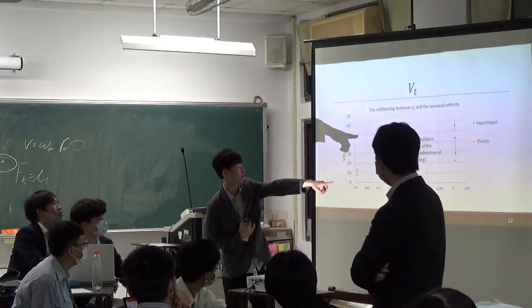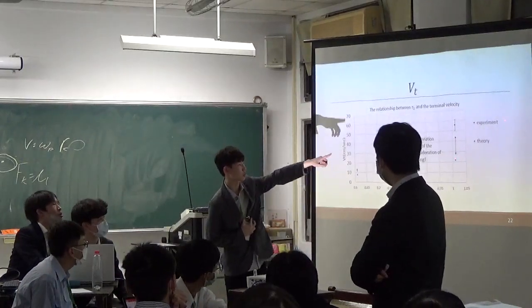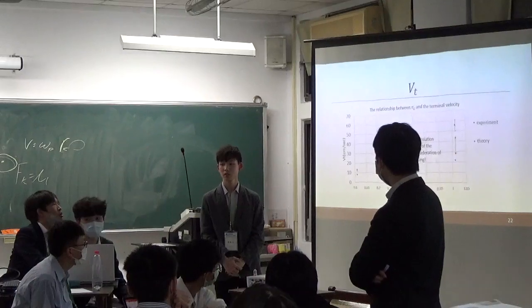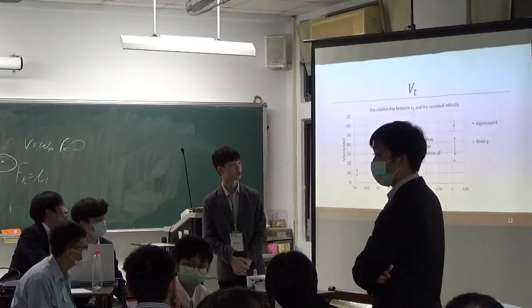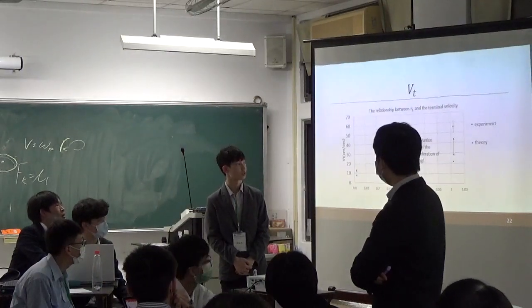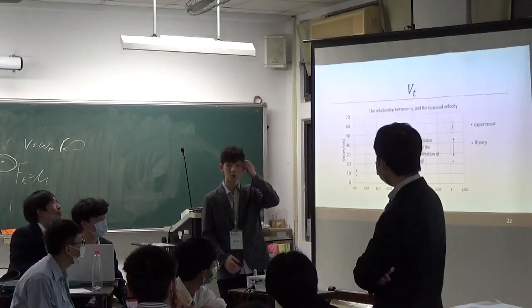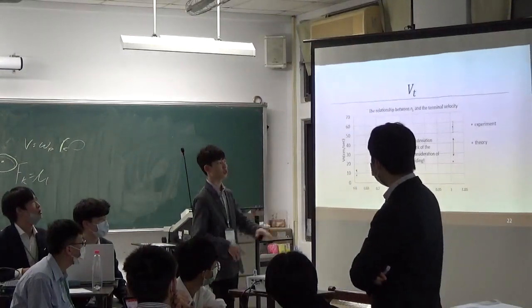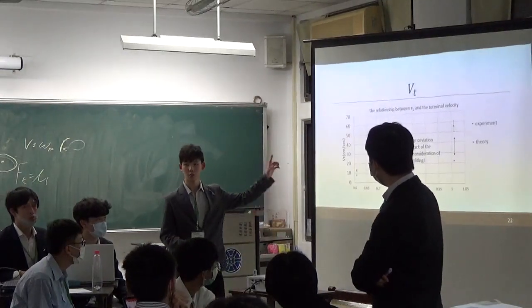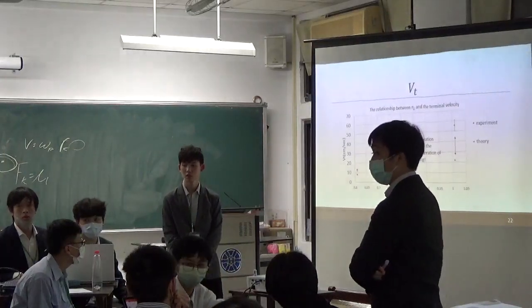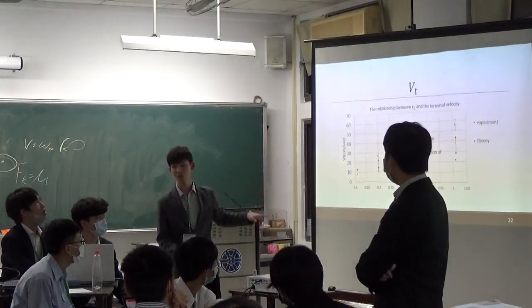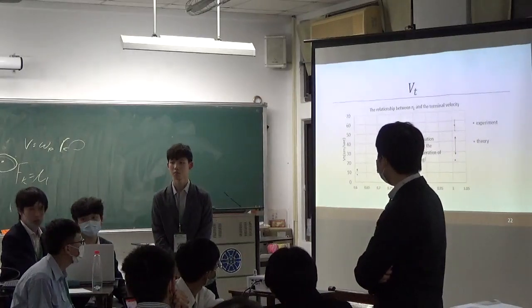The blue one is theory and the orange one is experiment. And you have an error bar for the observation. Yeah, because we do the experiment about 10 times, so we have the error bar. They don't really match, right? Yes, because it is before the correction.